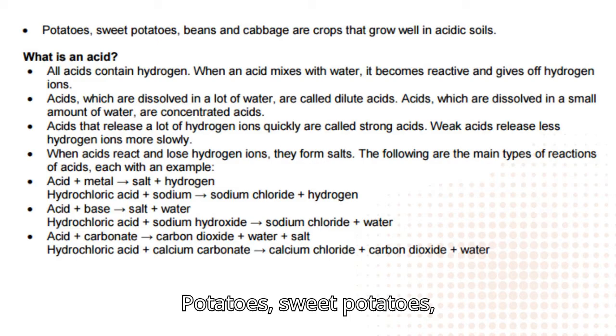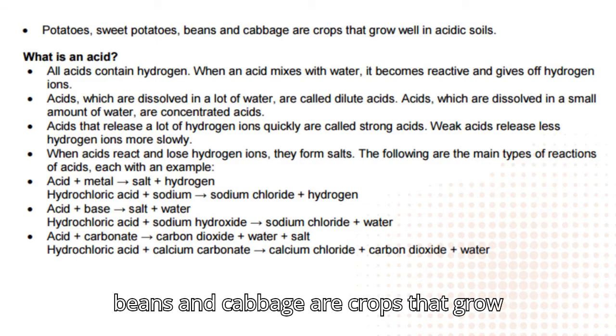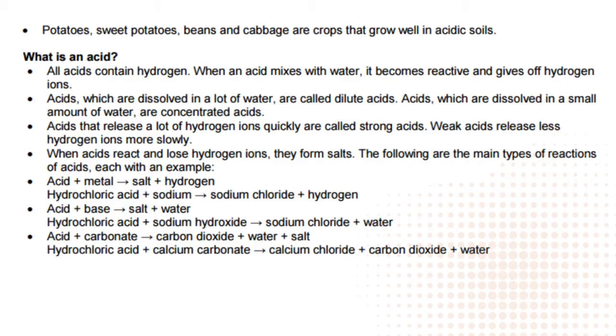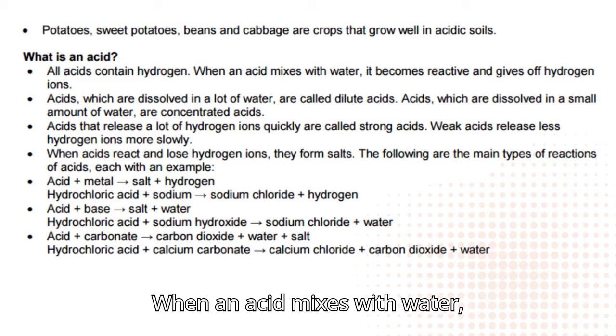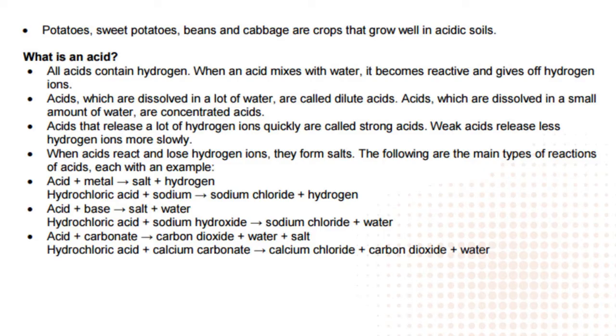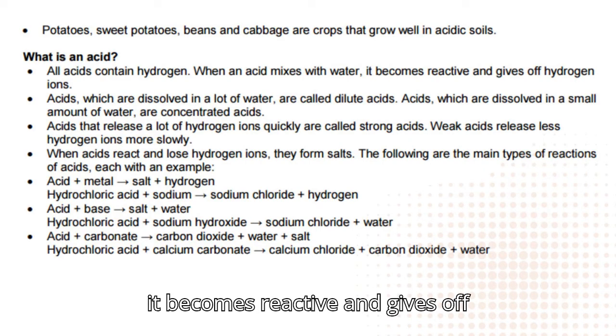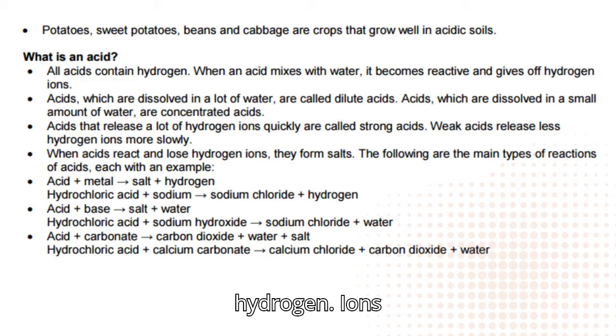Potatoes, sweet potatoes, beans and cabbage are crops that grow well in acidic soils. What is an acid? All acids contain hydrogen. When an acid mixes with water, it becomes reactive and gives off hydrogen ions.